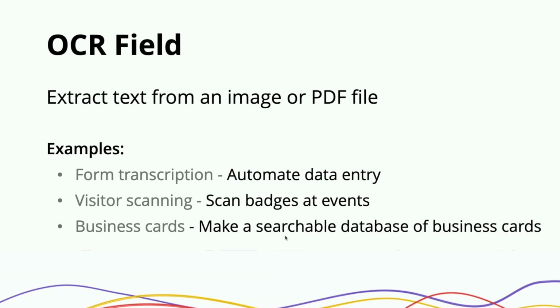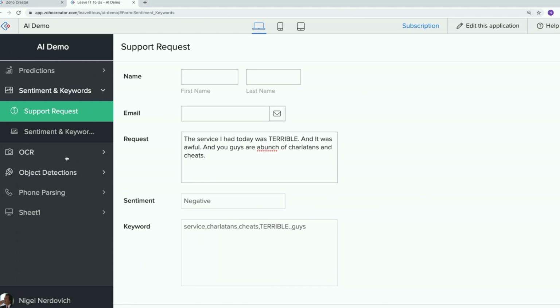Or maybe I want to make like a business card scanning app. I could build it in Creator. Or maybe if there's like a standardized paper form that I'm always accepting for some reason, then I could automate data entry by scanning those paper forms and extracting some of the data from it. So that's the idea of the OCR field.